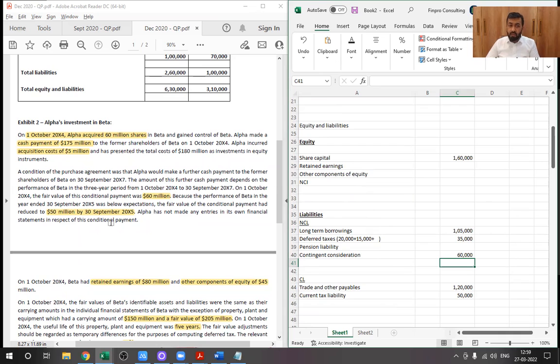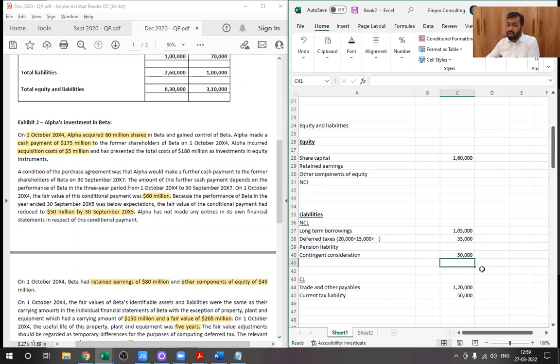Now subsequent information is also important because that is the balance sheet date. On the balance sheet date, that contingent consideration has actually reduced from 60,000 to 50,000. So I'll reduce 10,000 from here. My liability has been reduced. But where should the impact of this go?